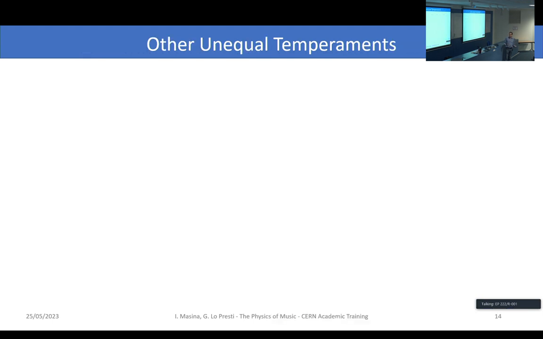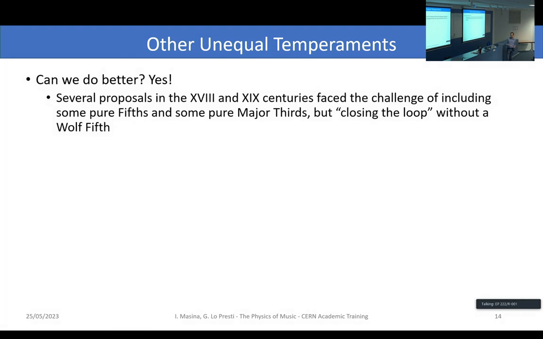So then, what can we do? Okay, we can have alternatives also there, still staying on those unequal ones. We are going to go to the equal one, of course, in a moment. So there are plenty of solutions, but there have been several proposals, and typically the challenge was trying to have a nice mix of pure fifths or tempered fifths, so that you could have some pure major thirds and some tempered major thirds.